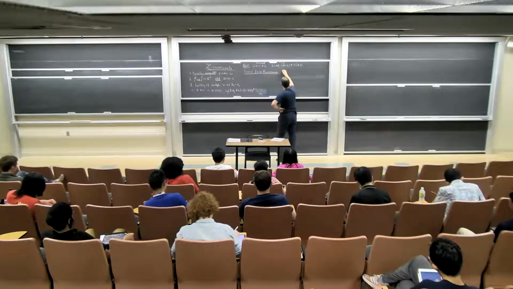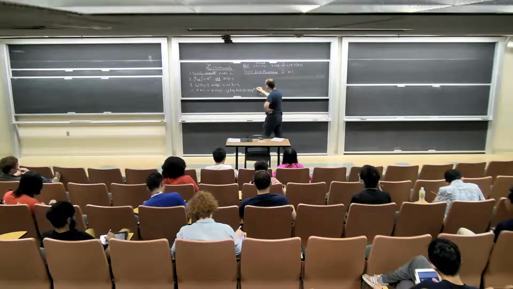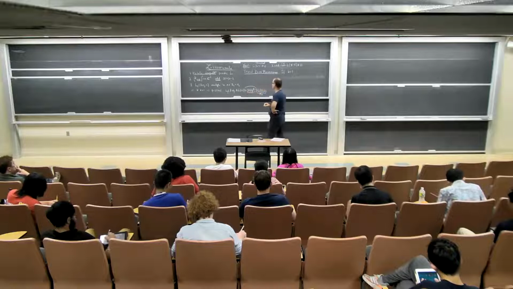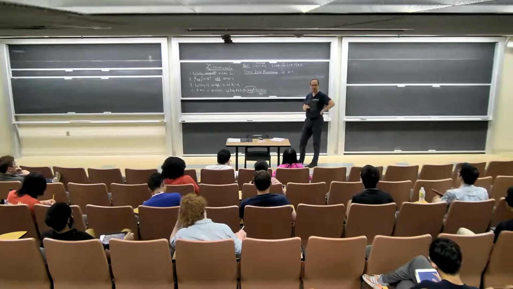If k is 1, and you want this to vanish, you need this factor to be a 1. This is a root of unity, so your only chance to succeed is to take k equal to 1 and to have chi of p be 1 as well.